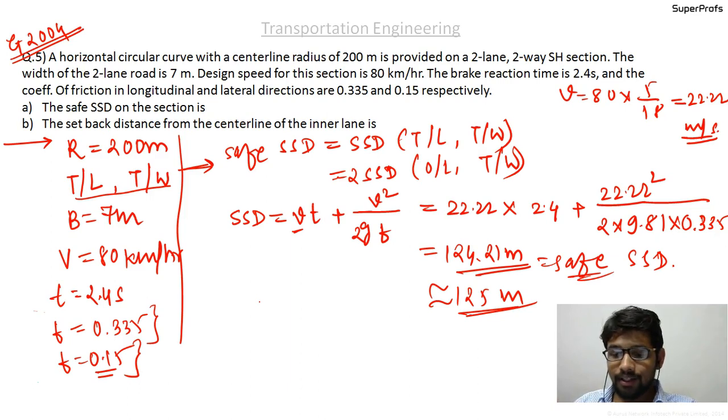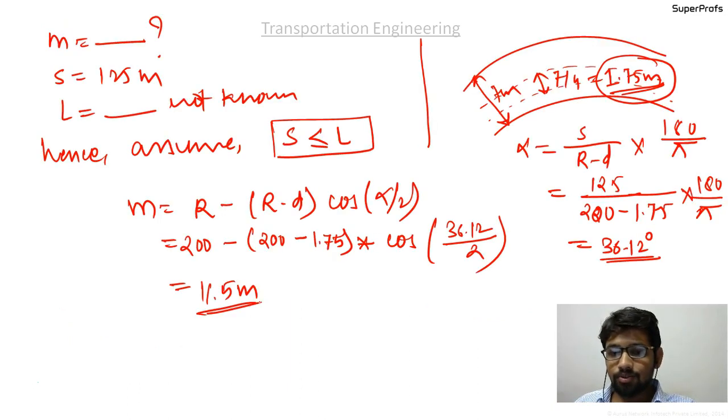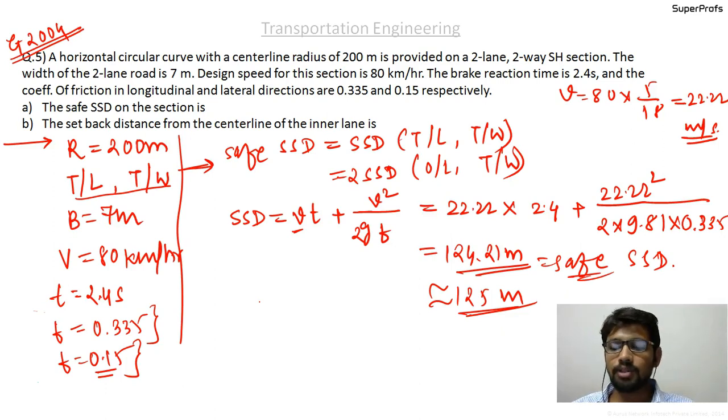The setback distance from the center line of the inner lane. What we have calculated is the setback distance from the center line of the entire road. Please understand this. This is not what is required. What is required in the question is the setback distance from the center line of the inner lane.